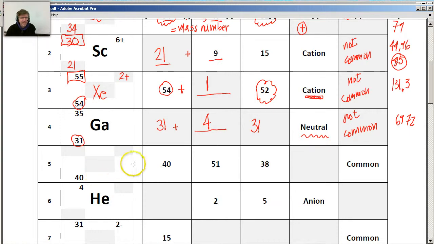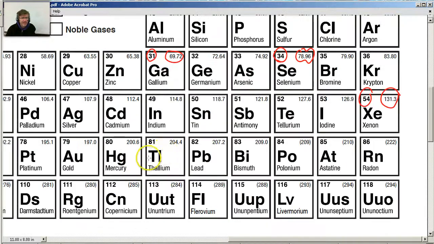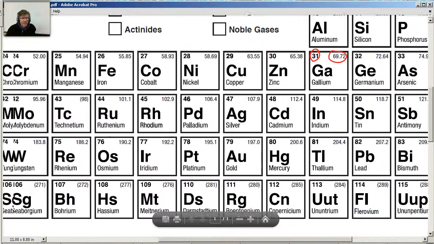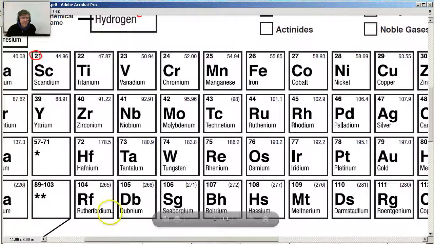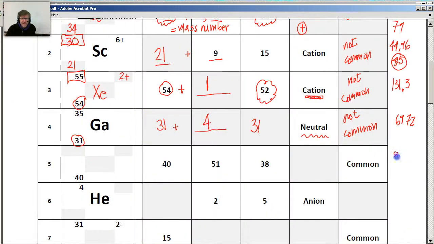Next one. Number 40. Element number 40. Let's check our table. 40. That number, 40, zirconium, is the atomic number, number of protons. Let's also write this over here, 91.22.